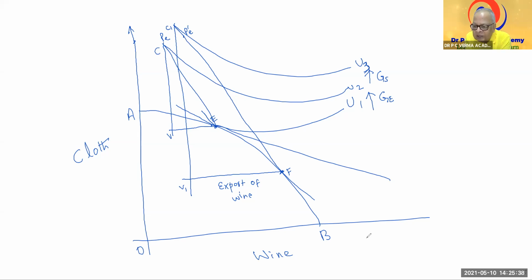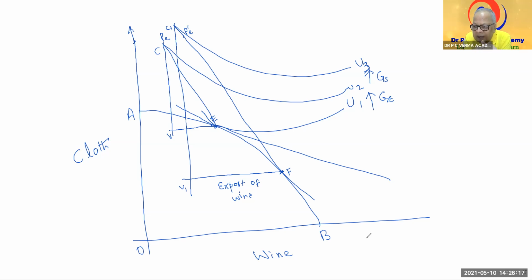There is no production change; whatever is available will be shared, and international trade will start. But that price line is not tangent to the PPC. Therefore, the original line will be PE dash, and this line is parallel to that.